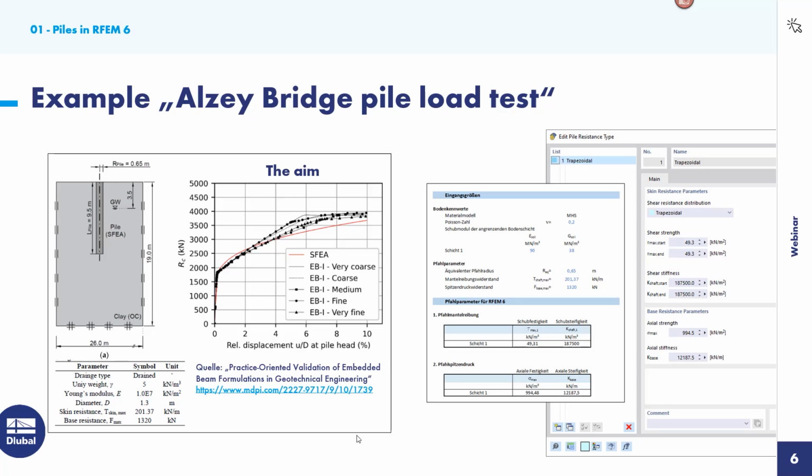There were pile load tests done in this Alzey Bridge project, and this curve was received, and our aim now is to reach a load displacement curve that fits that of the literature. The shear strength and shear stiffness and the axial strength and stiffness were calculated, and then put into RFEM, and we received the load displacement curve. This model we will now create together. So therefore we go to RFEM now.